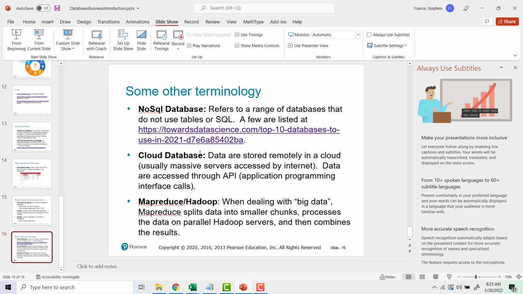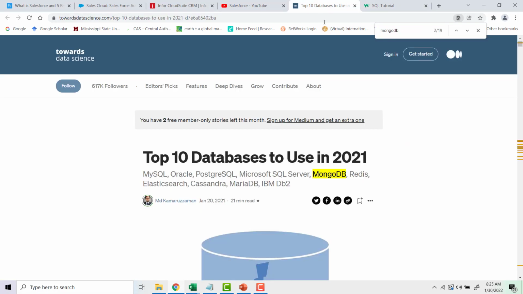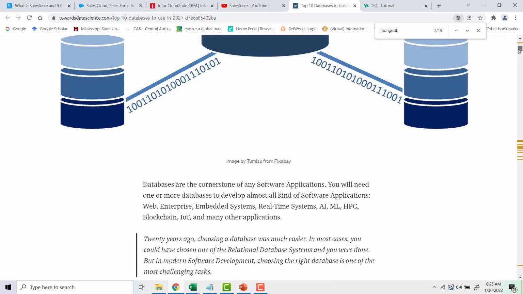I also gave you that link here towards data science, and that's quite a cool little article that just lists things.